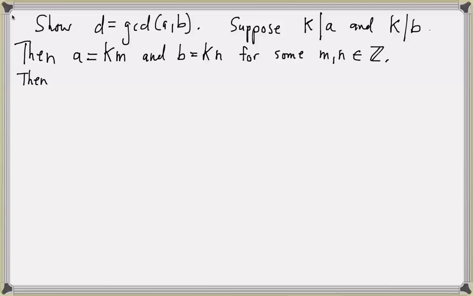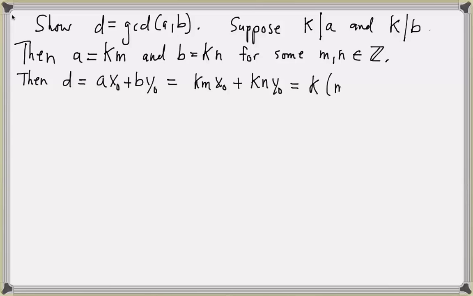Then D, which remember equals A times x0 plus B times y0, replacing A with Km and B with Kn, equals Km times x0 plus Kn times y0, and if I factor out a K, this expression becomes K times (m x0 plus n y0), and we see that K divides D.